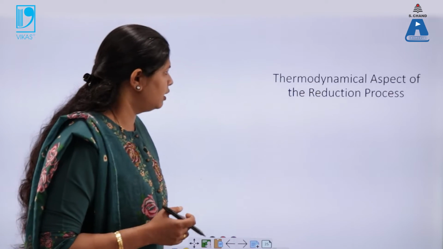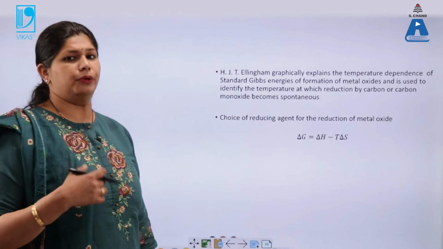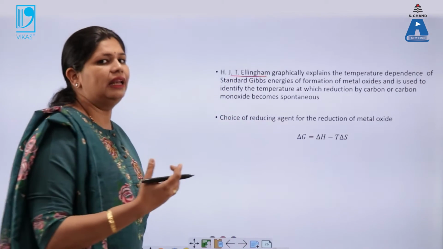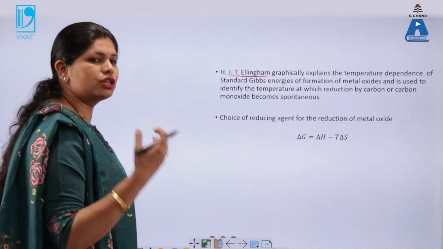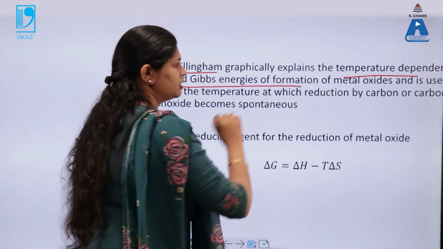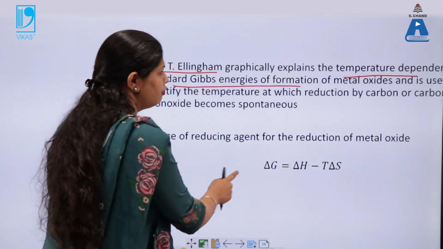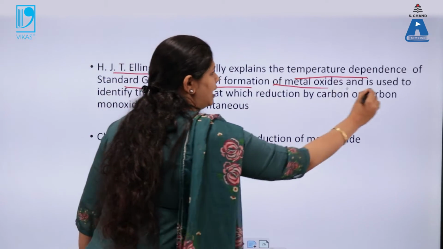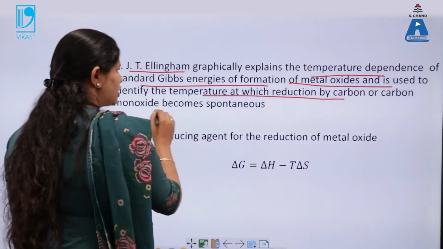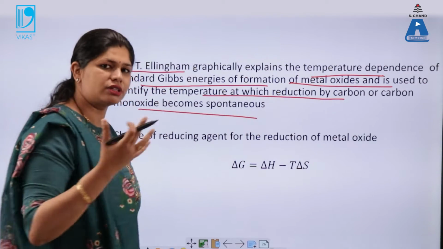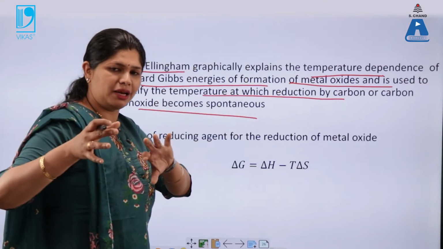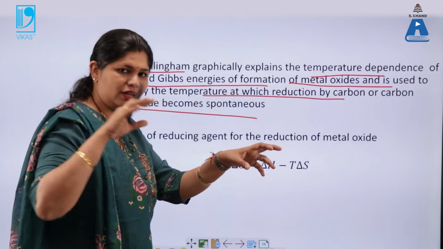The first of this was proposed by Ellingham through the Ellingham diagram, which represents the dependence of standard Gibbs free energy of the formation of metal oxides and is used to identify the temperature at which reduction by carbon or carbon monoxide takes place. So basically, how thermodynamics can be related to metallurgy.